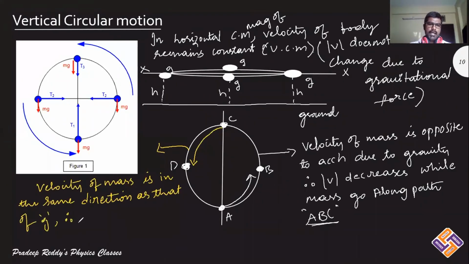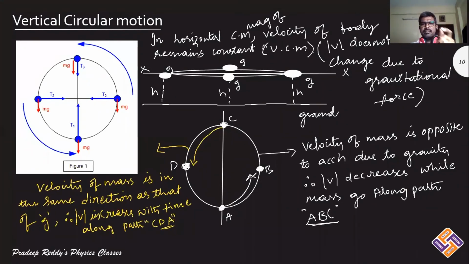Therefore, the magnitude of velocity increases with time. It increases with time along the path CDA. Right? So only this is the difference between horizontal circular motion and vertical circular motion.